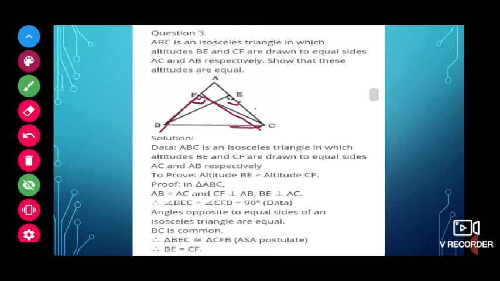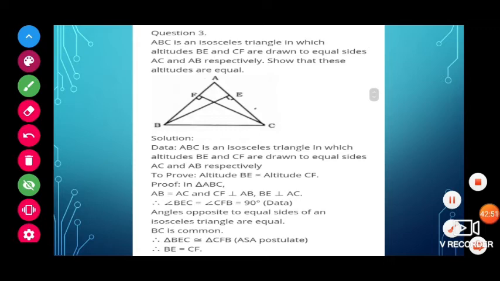One right angle and hypotenuse is the same for both, and one side is the same for both. So both the triangles are congruent. Any criteria you can use. If both the triangles are congruent, the corresponding sides of congruent triangles will be equal. So we can say that the altitudes BE and CF are also equal.